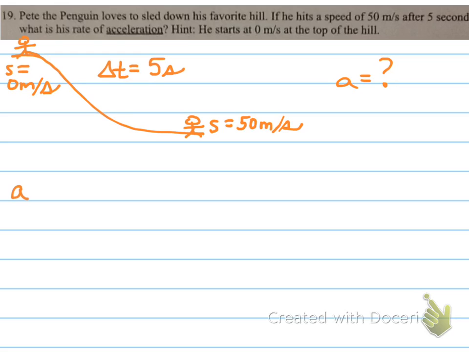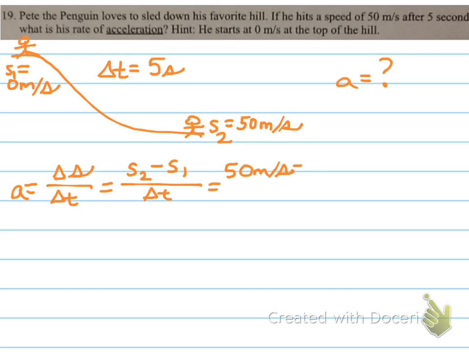So again, acceleration is the change in speed over the change in time, because again, we're talking about a straight line. So if this is my second speed and this is my first speed, it's speed 2 minus speed 1 divided by my change in time. 50 meters per second minus 0 meters per second divided by 5 seconds.